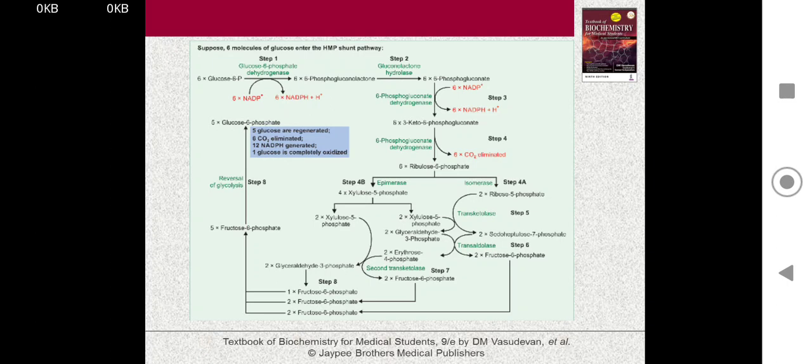Now sedoheptulose combines with glyceraldehyde 3-phosphate with the help of the enzyme transaldolase to form fructose 6-phosphate.